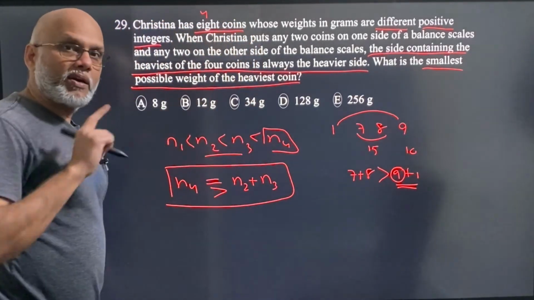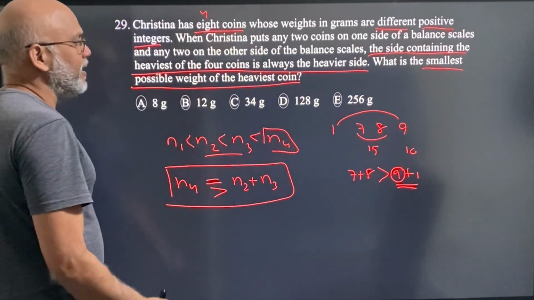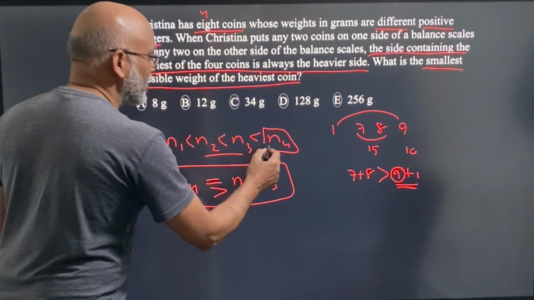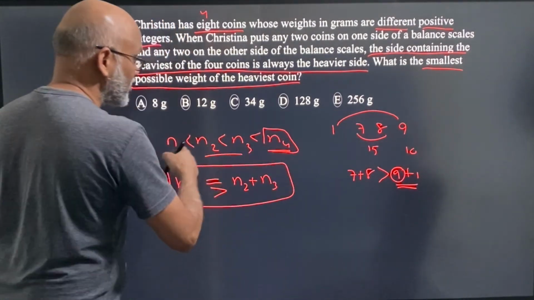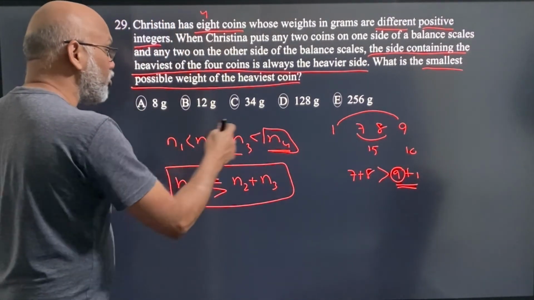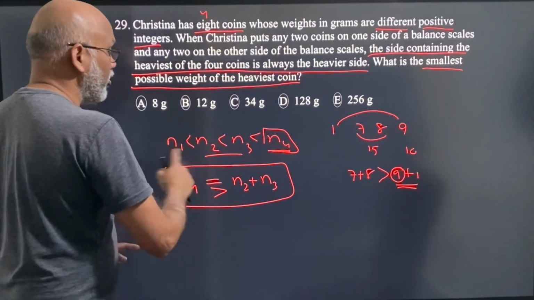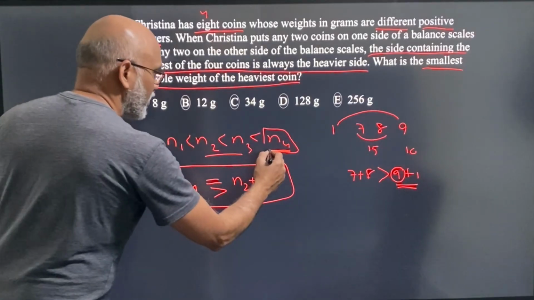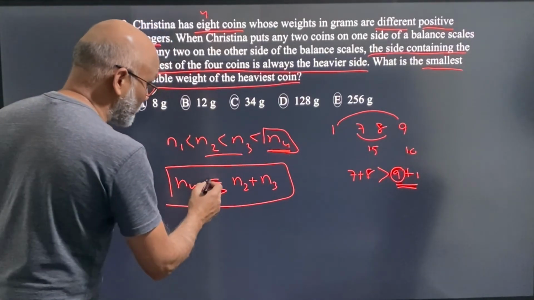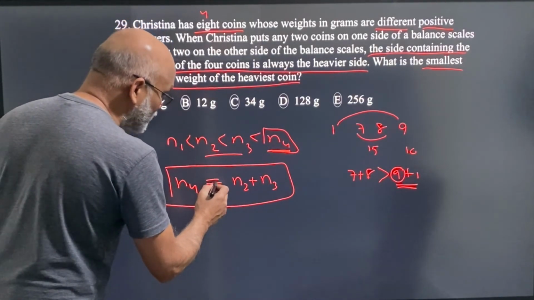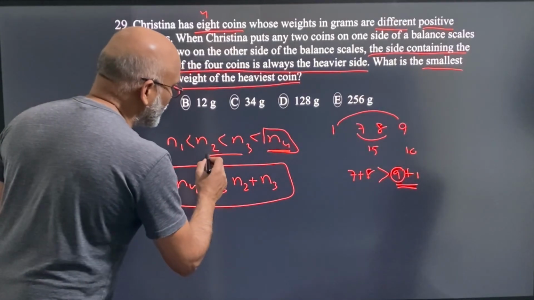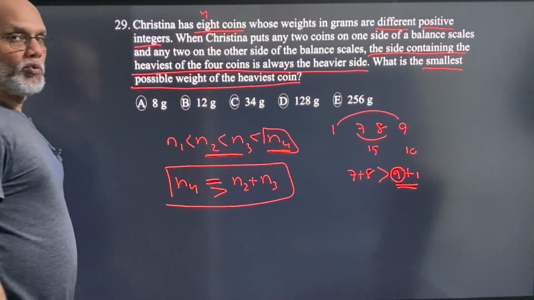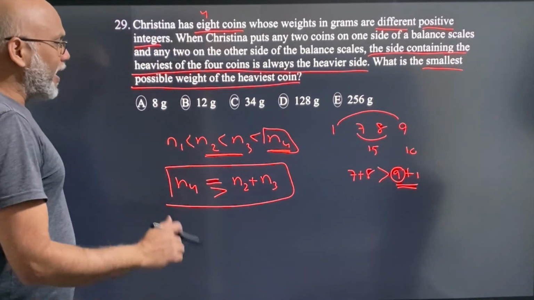So I'm looking for a condition such that it guarantees me that the heaviest of the four, no matter how we pair, will be on the heavier side. And the condition is the heaviest has to be equal to or greater than the next two heavier ones, right? Now, why so?